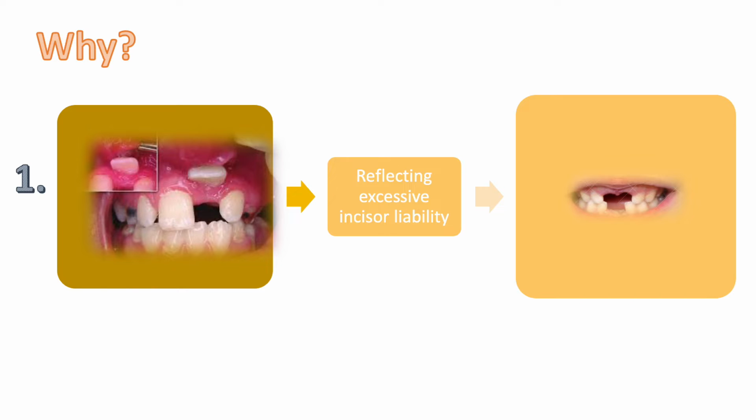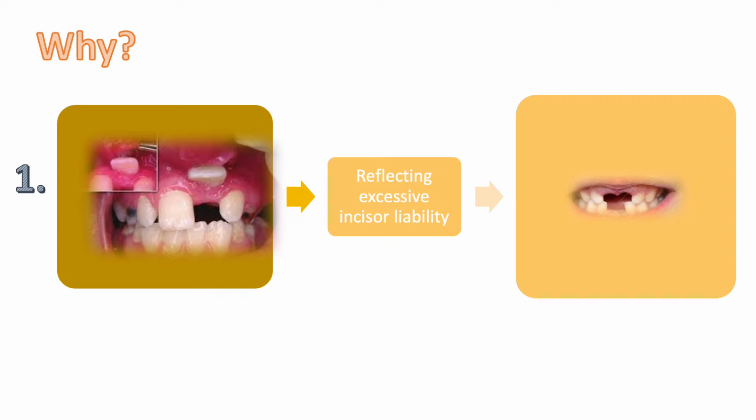Most commonly, when the permanent incisors erupt in an abnormal position, they apply undue force on the milk tooth that is already there, and the milk tooth falls, leading to the situation that can be seen on the screen wherein you have the front teeth missing.